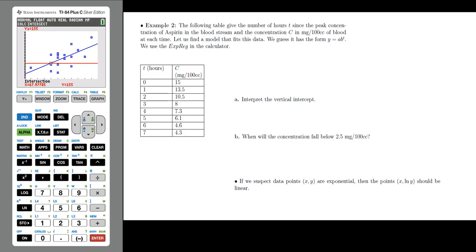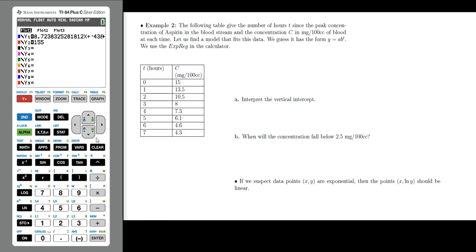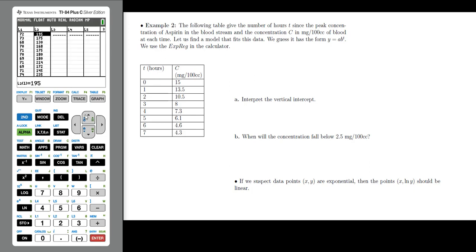Okay. So first of all, I'm going to clear off everything that we've done in the previous example. So let's clear out our old y values. And then I'm going to go to our table and just highlight list 2, hit clear, enter. So it's all cleared out.